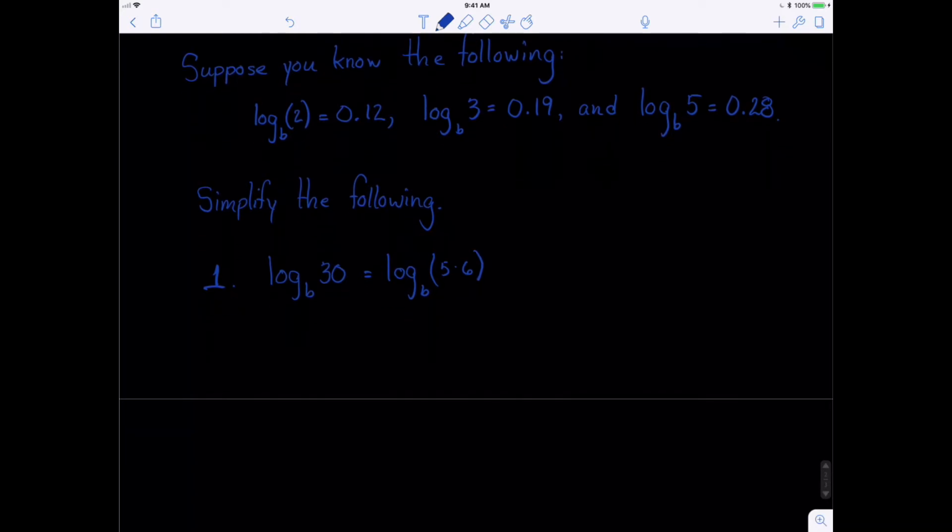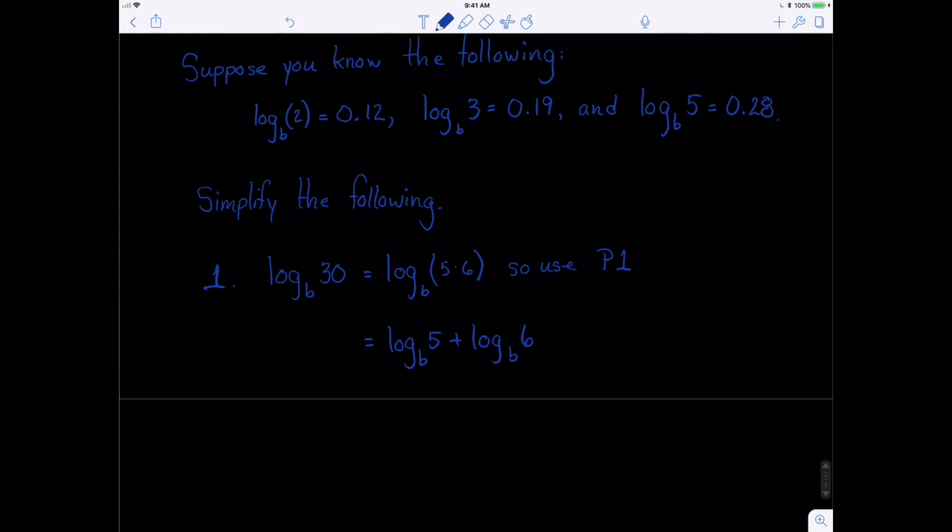Now we use property 1, which says that the log of a product can be written as the sum of the logs. So I can write this as the log base b of 5 plus log base b of 6.